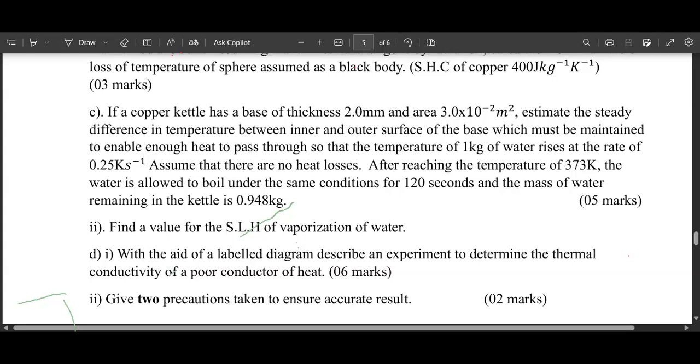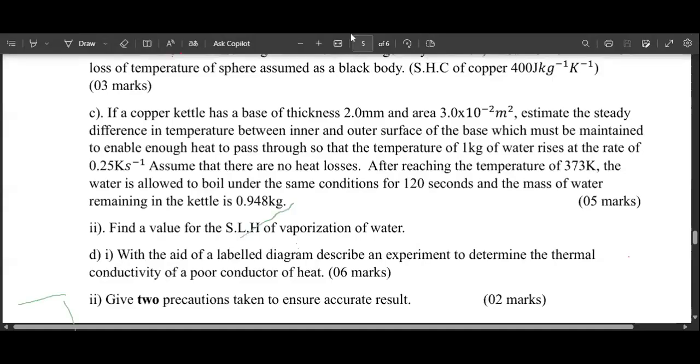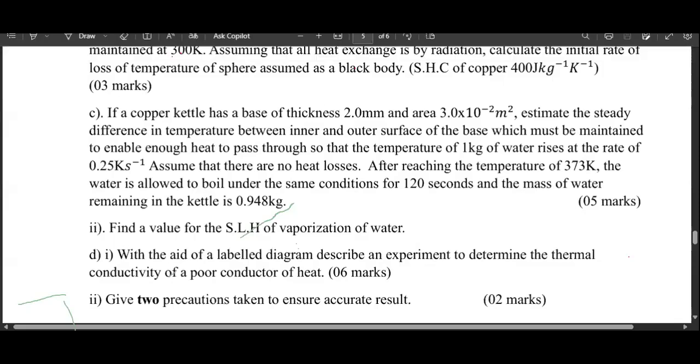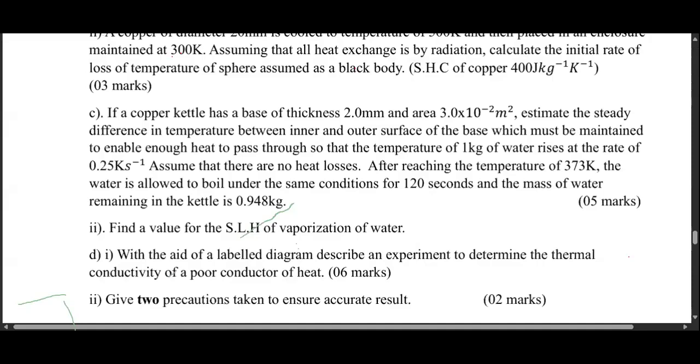They want us to estimate the steady difference in temperature between the inner and outer surface. Our thickness is 2 millimeters.